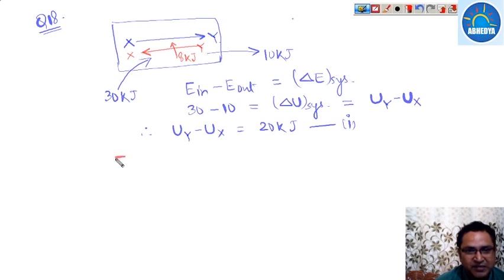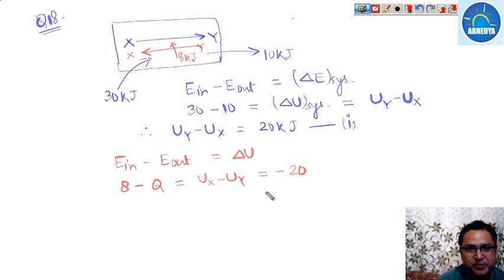So E in minus E out is equal to again delta E, delta U. What is the input? Now 8 kilojoule of work which is being done is input, so 8 kilojoule minus, let the heat which is coming out be Q, is equal to delta U, this is nothing but Ux final minus initial, and this value is nothing but minus 20 kilojoule.